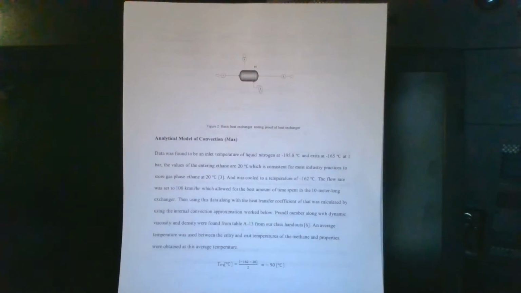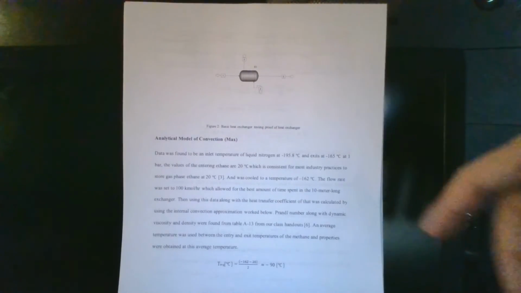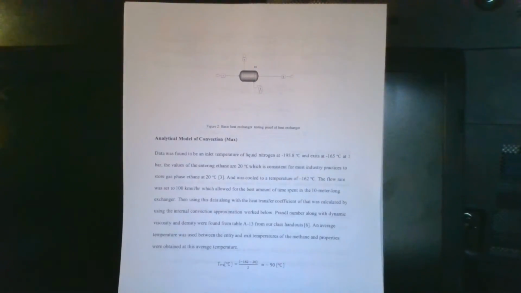This analysis was run to obtain values and correlate them with online research values and other values found in tables, which can be seen in the references. But to get some convective data, we used the inlet temperatures and outlet temperatures, as well as the average temperature for the entire heat exchanger, along with properties listed here that were found in tables from our handouts in class.